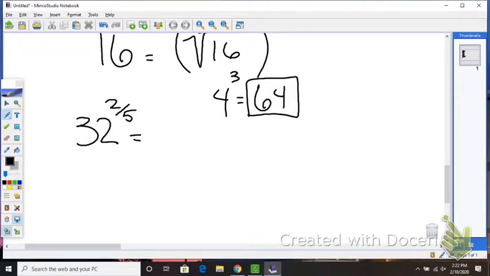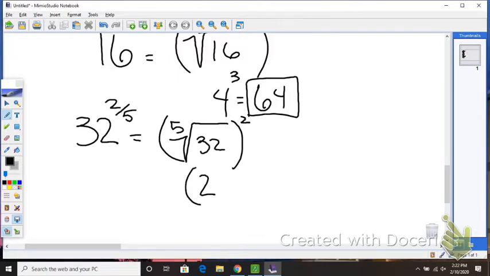Okay, what is the root? What root are we using? The 5th root of 32 raised to the 2nd power. What's the 5th root of 32? 2. 2 times 2 times 2 times 2 times 2 is 32. So now I have 2 squared, and that answer is 4.